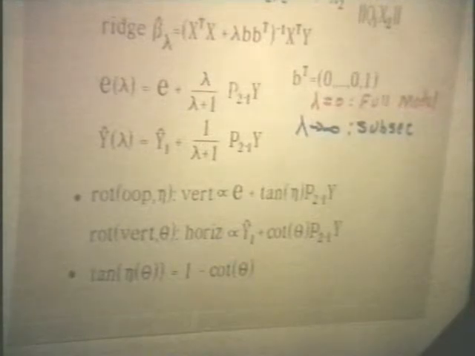You can see that as long as we perform our rotation using the restriction given in the last equation on the slide, the tangent of eta of theta has got to be equal to 1 minus the cotangent of theta. As long as we employ that restriction, then as we rotate, we get ridge regressions. And what we get more specifically are plots of residuals versus fitted values from a ridge regression with an index parameter lambda. So that's another benefit from these 3-dimensional plots.